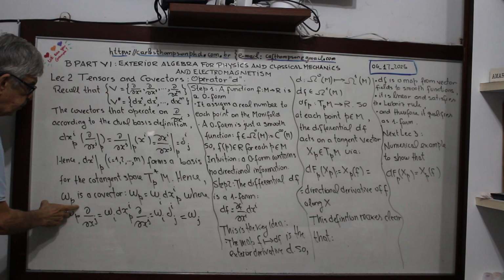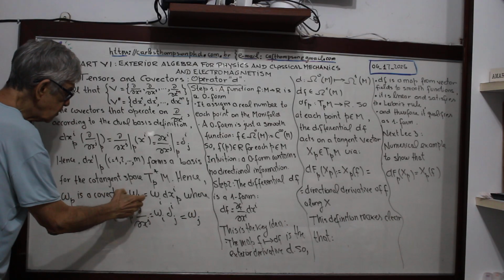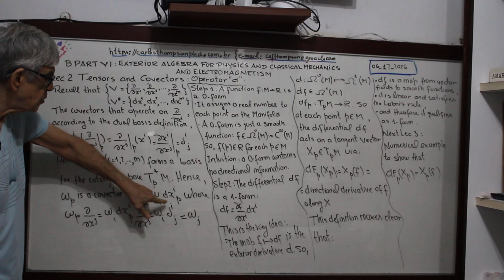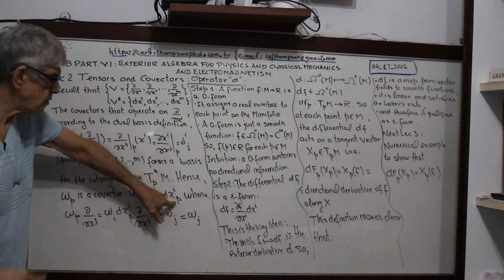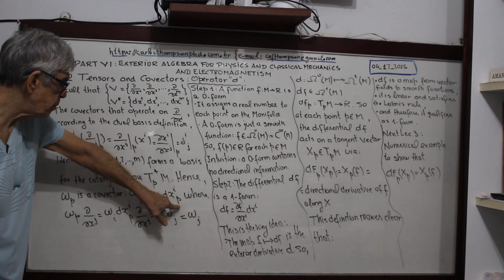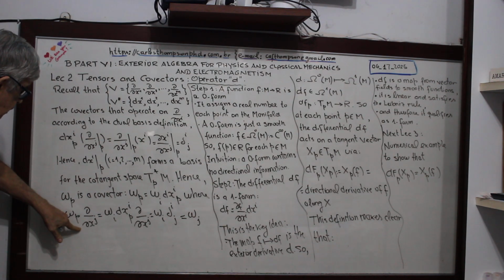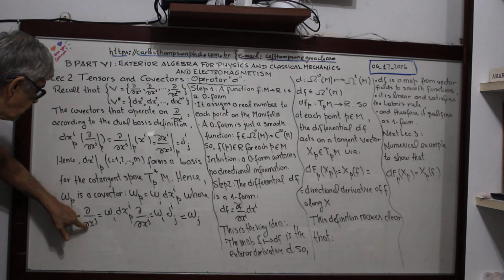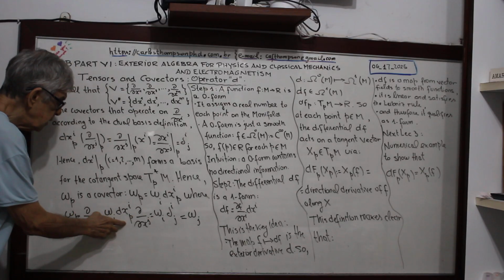This omega p is a covector. I can expand omega p in terms of the cotangent basis, dxi of p, where this is a vector, okay? This is omega p partial xj equals omega i dxi of p.